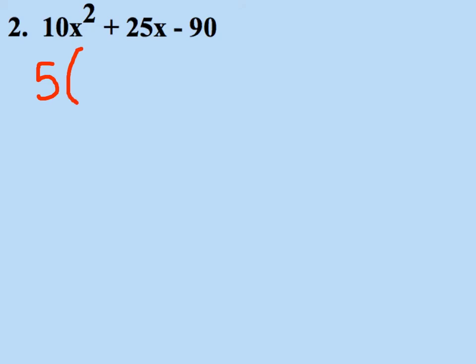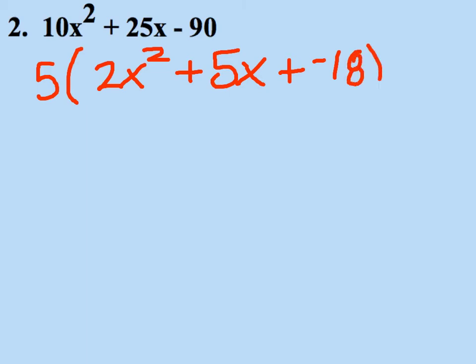If I factor 5 out, I'll be left with 2x squared plus 5x plus negative 18, or you could put minus 18. Now to factor from here, I need to see if I can factor 2x squared plus 5x plus negative 18. So if you think back to section 10.6, to start that process, I need to multiply 2 times negative 18, so multiply a times c.